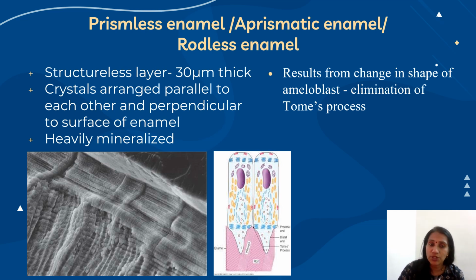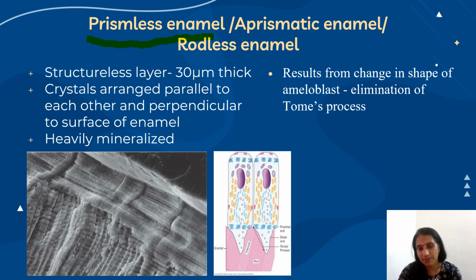Now the other one which you can see is something called prismless enamel, otherwise called aprismatic enamel, or rodless enamel. Aprismatic enamel means absence of prism. You don't have rod and interrod, like the structure you saw before.